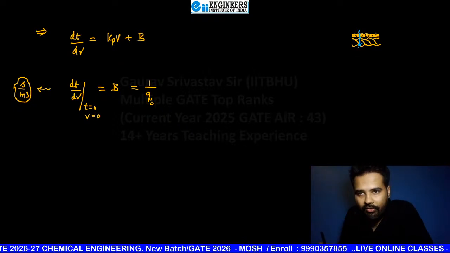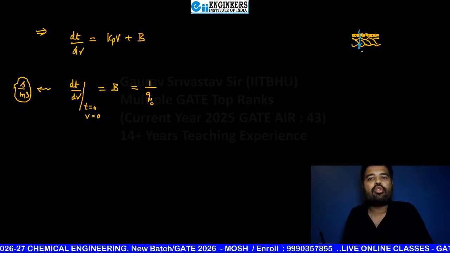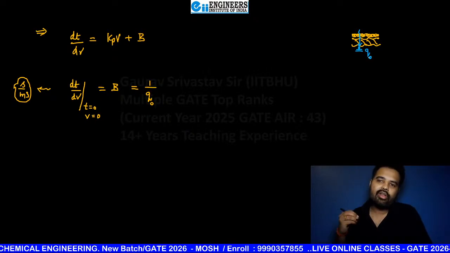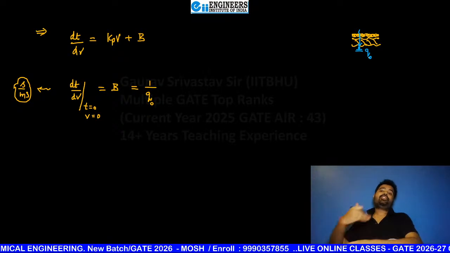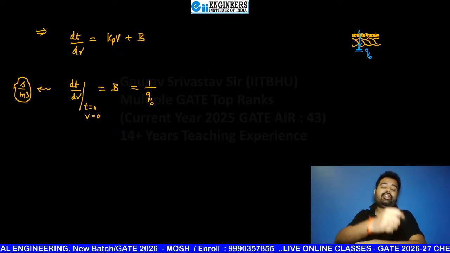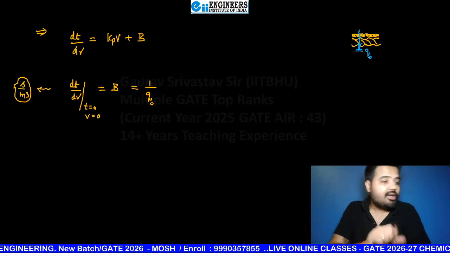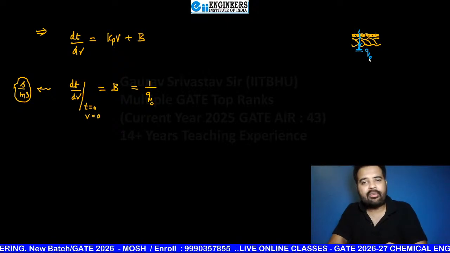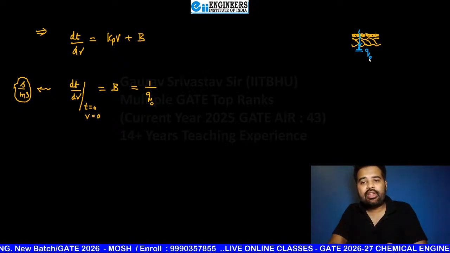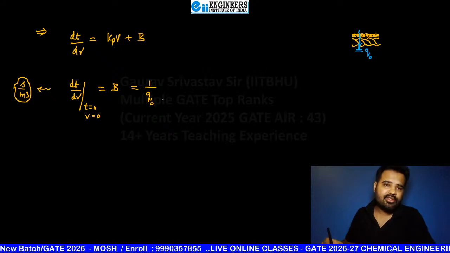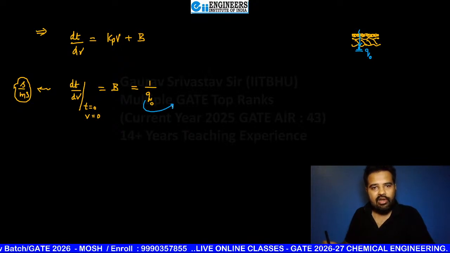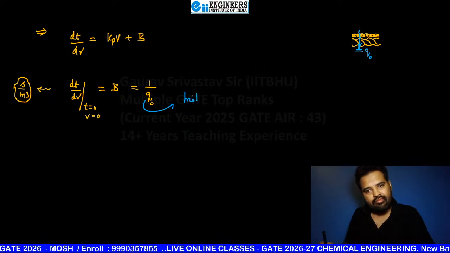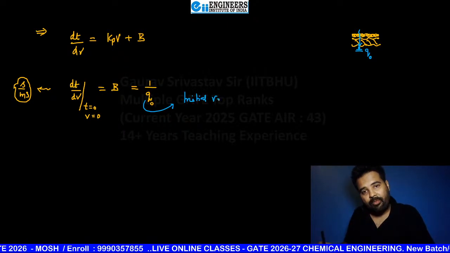So what should be the initial value of volumetric flow rate, that I am writing as Q naught. The initial first drop that you are getting as filtrate. If crystal clear, then write crystal clear in the comment section. So the initial volumetric flow rate of filtrate.